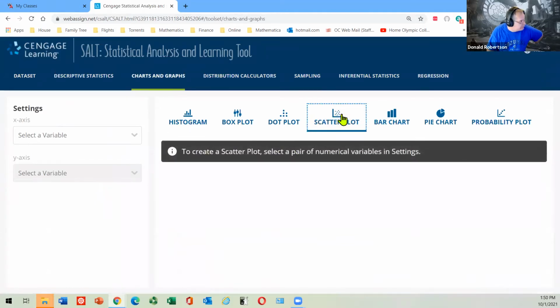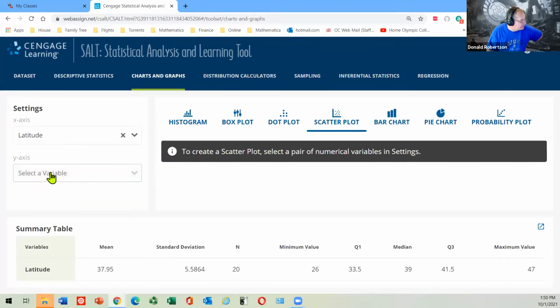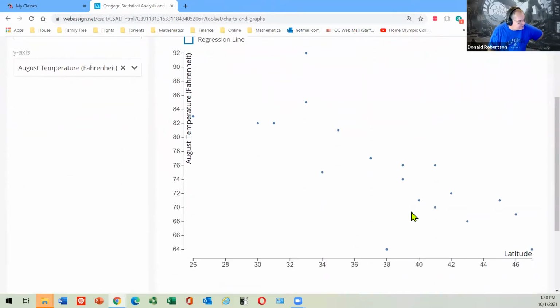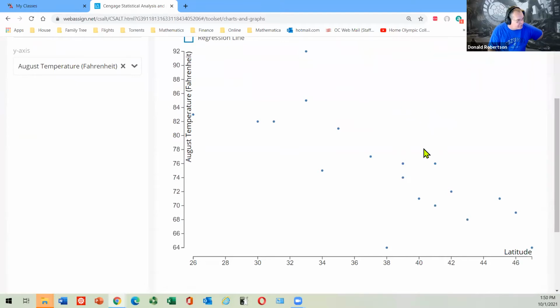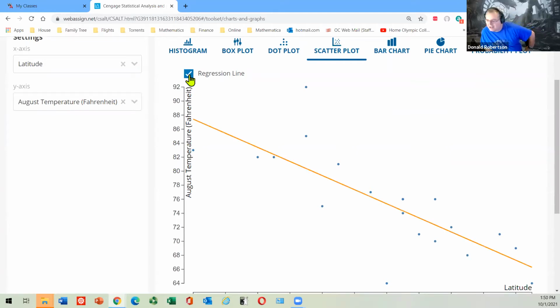And the first variable was latitude, and let's say the second variable was August temperatures. Now, do you see this guy here? That's what my scatter plot would look like, right? So far, so good. If I click on this little box, hey, there's that line I've been talking about. Do you see it now? That's the regression.